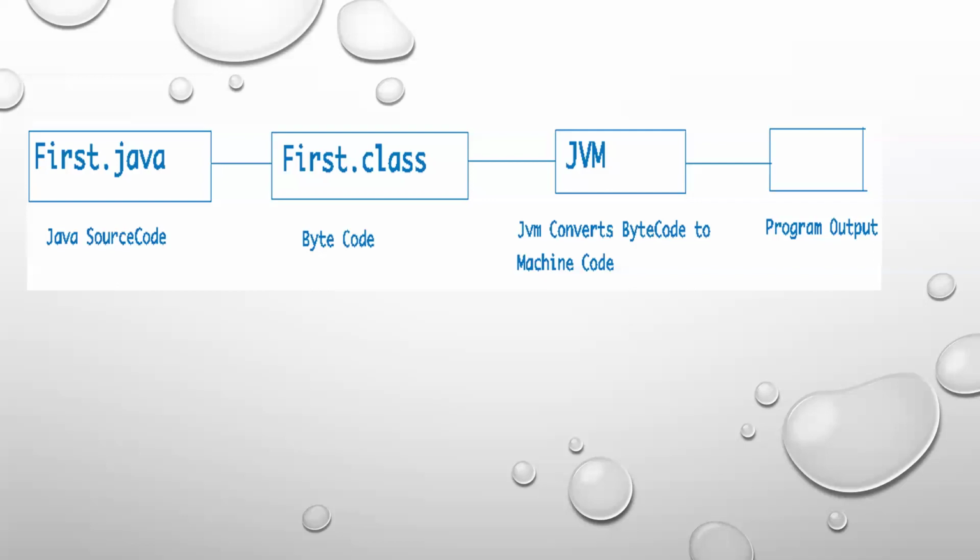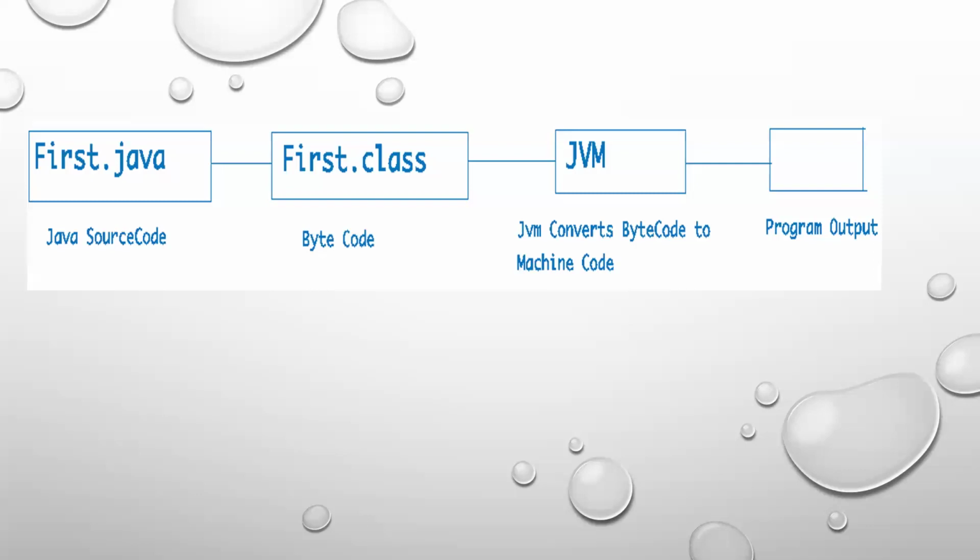Now JVM will come. Once you install Java, JVM is already there in your system. What is the role of JVM before conversion? JVM will identify which platform you're using. Let's say I'm using Windows plus an Intel processor. JVM will understand this platform, then take these bytecode instructions and convert them to machine language according to your platform.